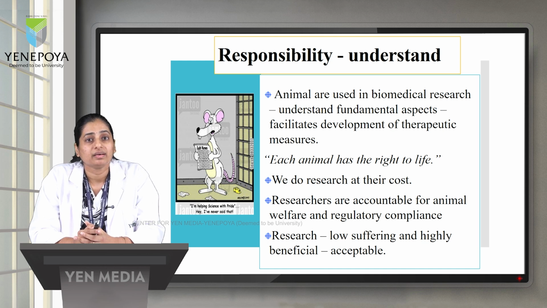Third, whether replacement alternatives are possible; if not, only then animals are to be used. If these 3 fundamentals are not considered, the research will not be accepted by IAEC. The next to be considered are rehabilitation and responsibility.